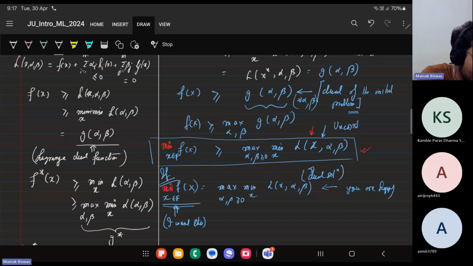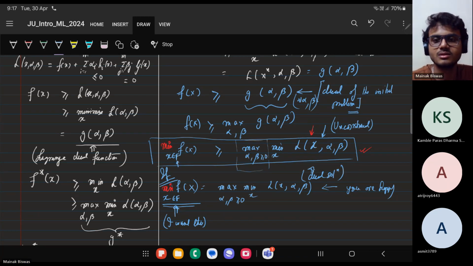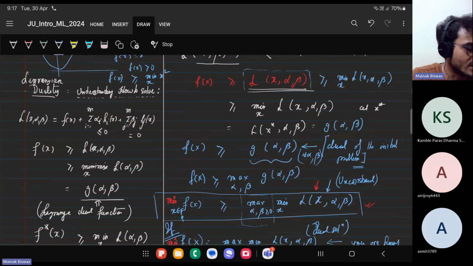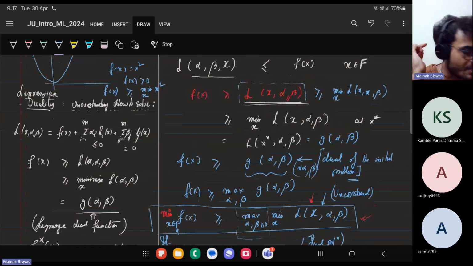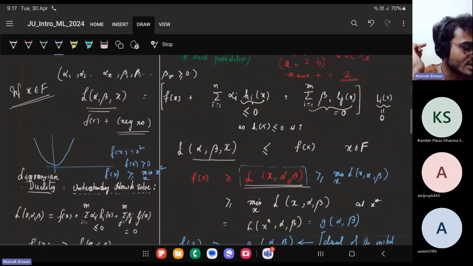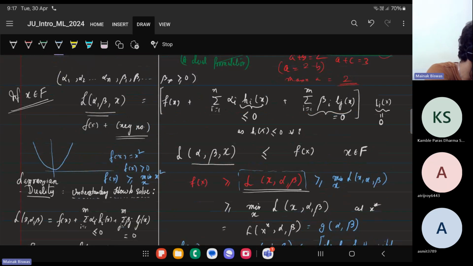That is the beauty. But since you are putting this alpha beta, this is bringing in the constraint somehow. And now do you get why alpha i's have to be greater than 0? Otherwise, this will not hold.